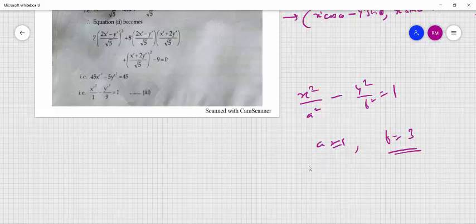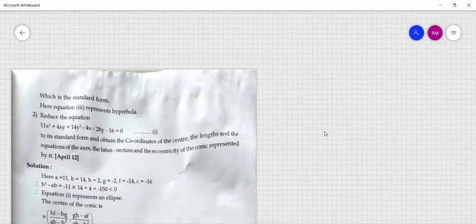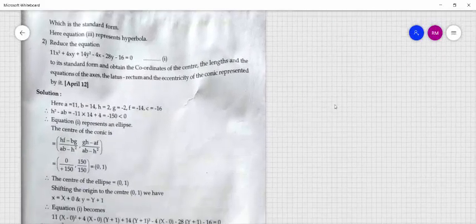So in this way we can reduce it into standard form, and that represents hyperbola. Now we go for the next problem.